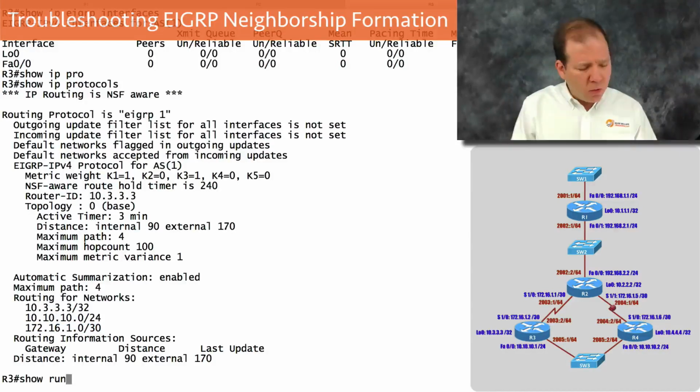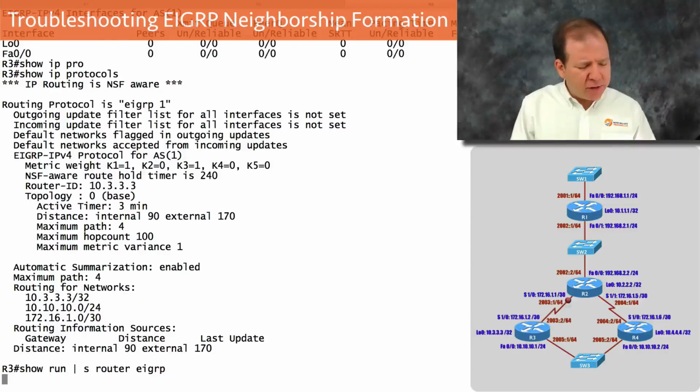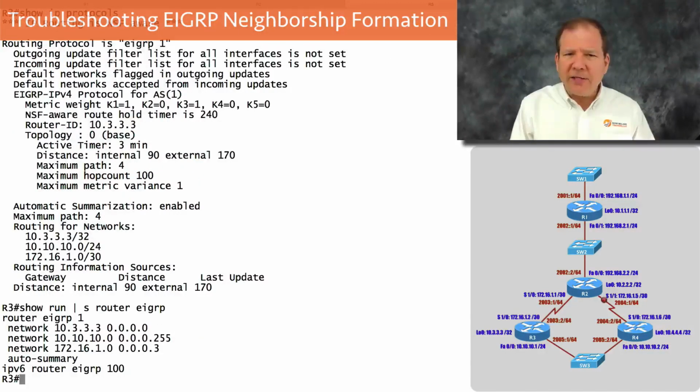Let's do a show run pipe to section router EIGRP. Just curious if we have any sort of passive interface configuration. No, I don't see any passive interface. It's not a passive interface, and I'm telling the interface right here to participate. So why isn't it? What do you think could be going wrong?